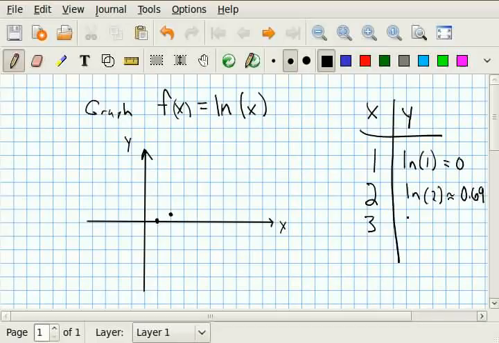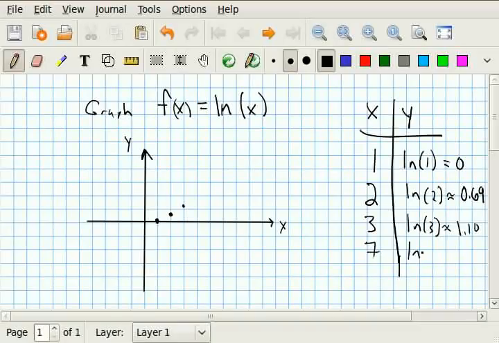When x is 3, natural log of 3 is about 1.10, so I've got the point (3, 1.10) on the graph. I can put 4 in here too, but just to go a little bit further to the right, I'll put a bigger number like 7 in.